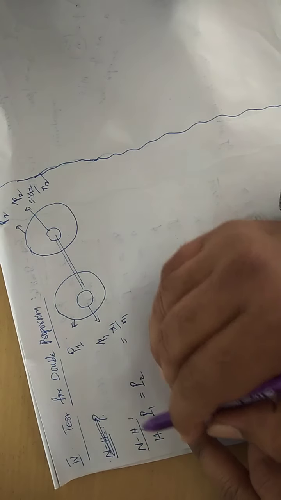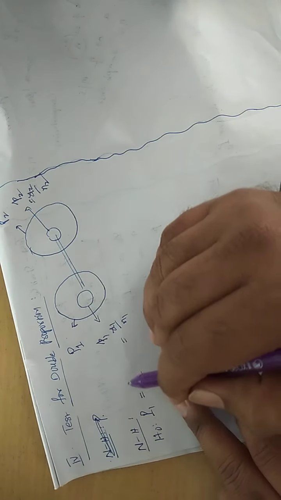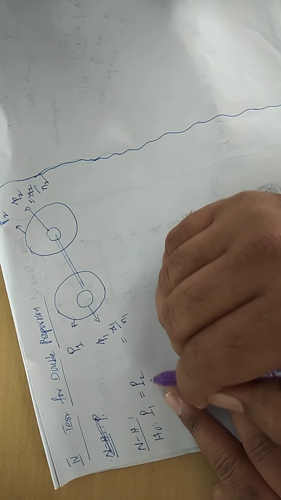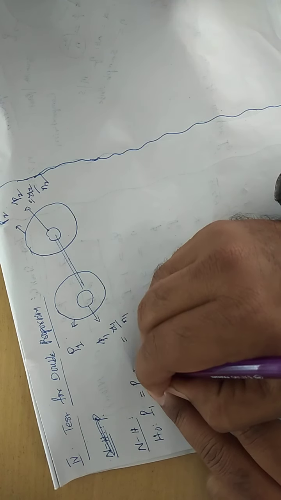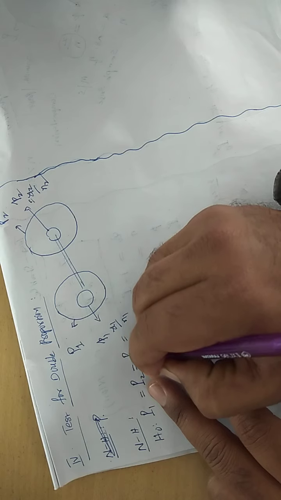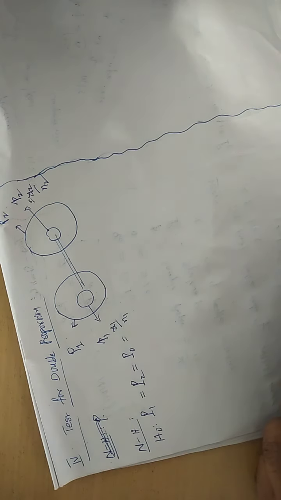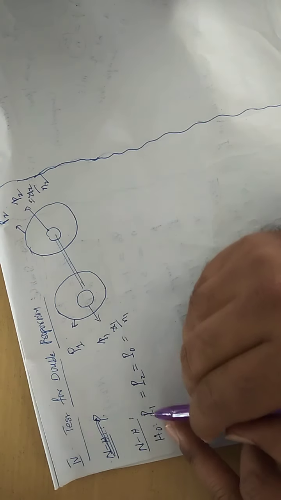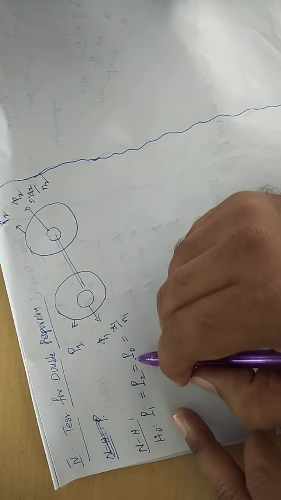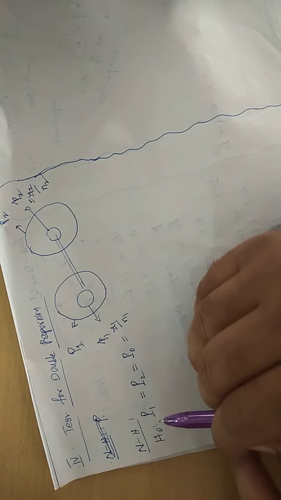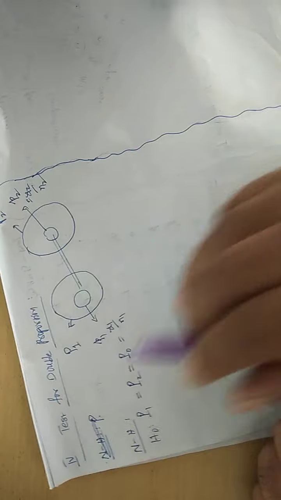What is P1? The first population proportion is equal to the second population proportion. If you want, you can write any given value capital P naught. Whether these two population proportions are equal to any fixed value P naught, in this way also you can extend.